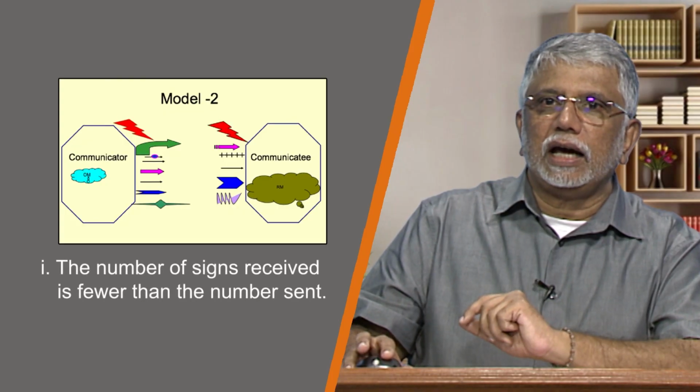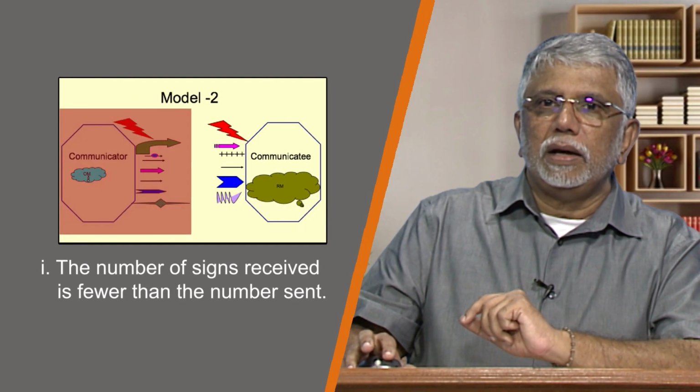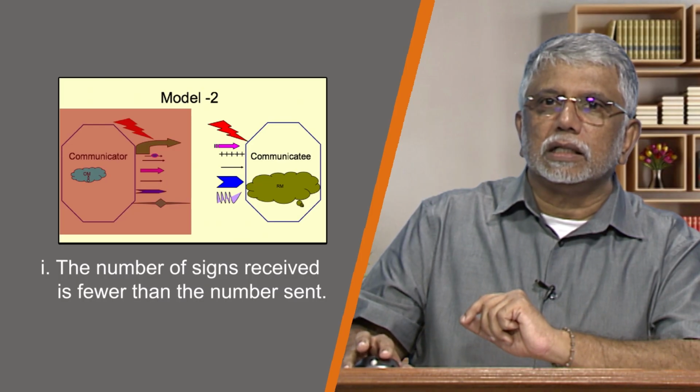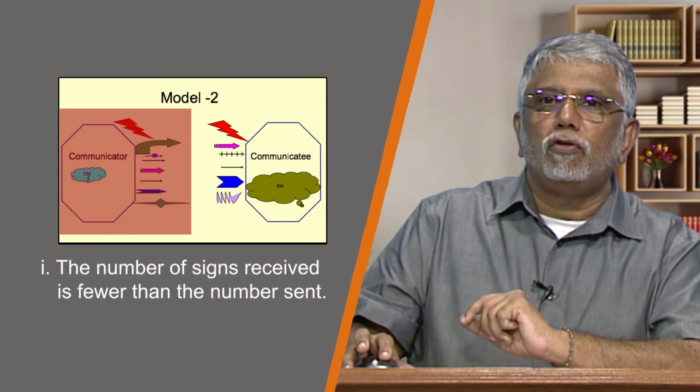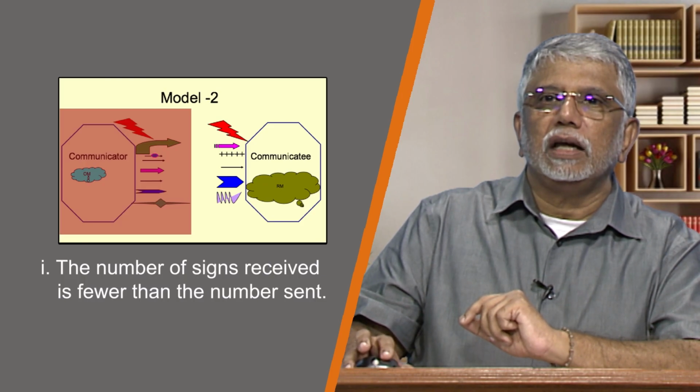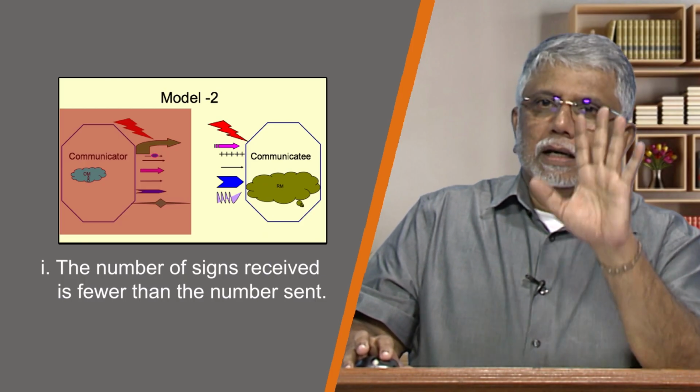First type: if you look at the screen, I have signs, right, emanating from the communicator. These are various signs. Please count: 1, 2, 3, 4, 5, 6, 7, 8, right.